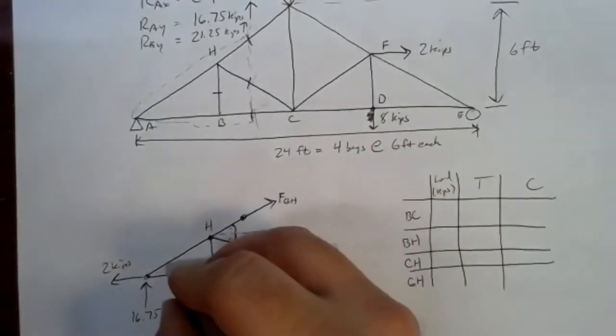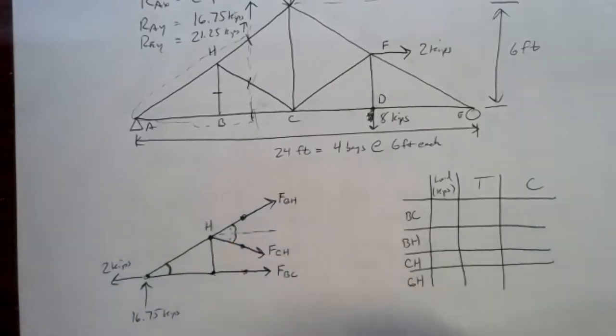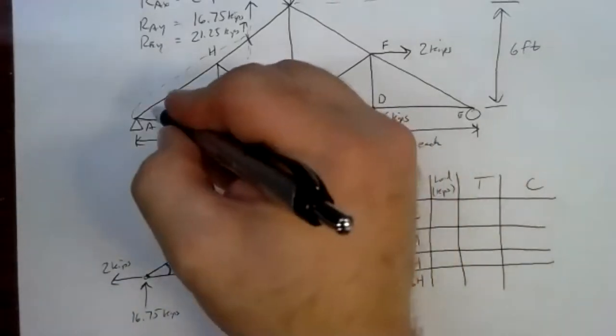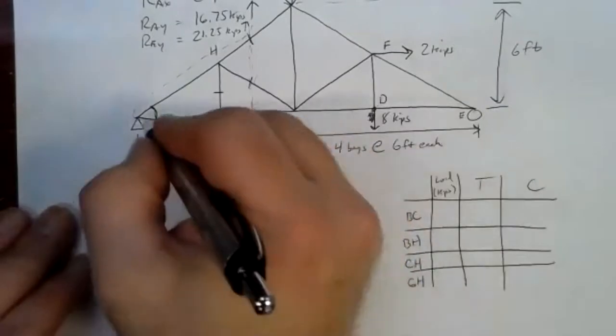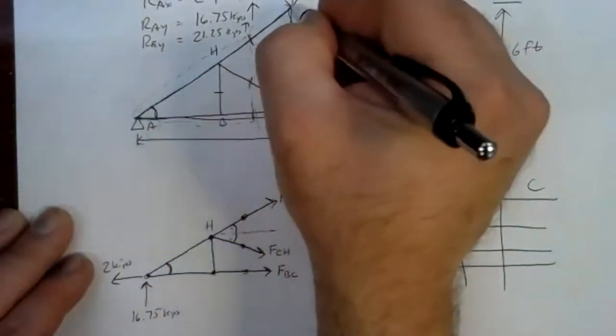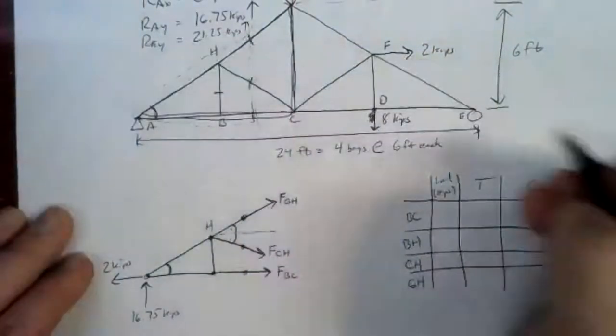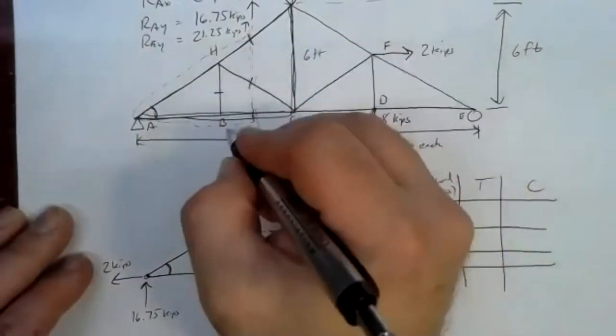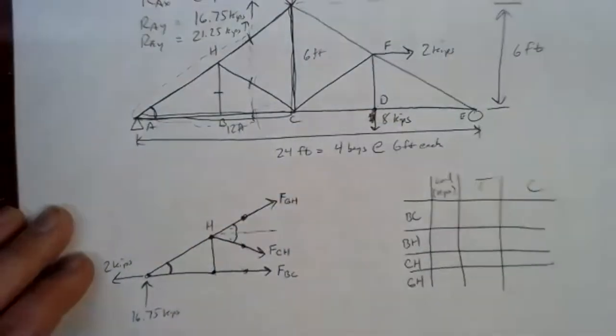We can figure that angle out by figuring out this angle right here. That angle involves this big triangle right here. This big triangle that is 6 feet high and 12 feet on the base.